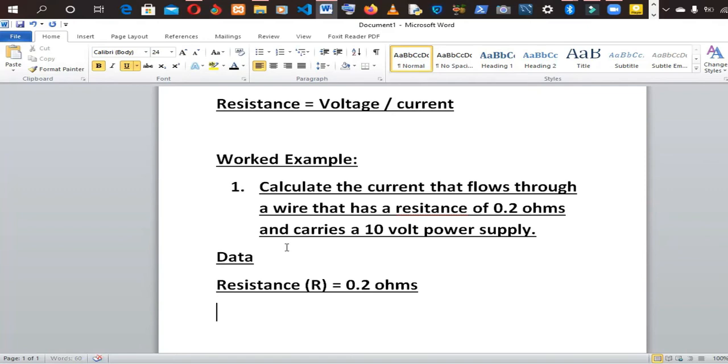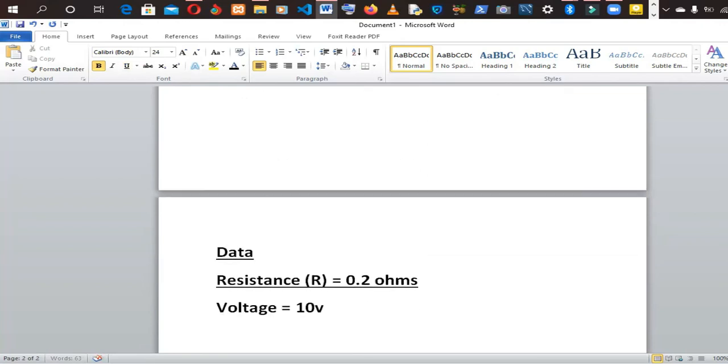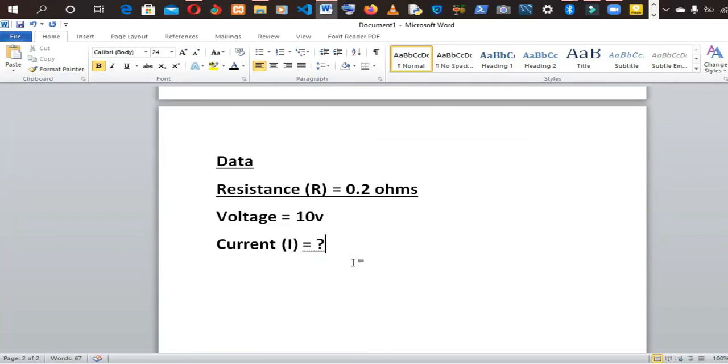And then we also have the voltage, which equals 10 volts. And the current, which we don't know, is represented by the capital letter I, equals question mark. Since we don't know the current, we put a question mark there.